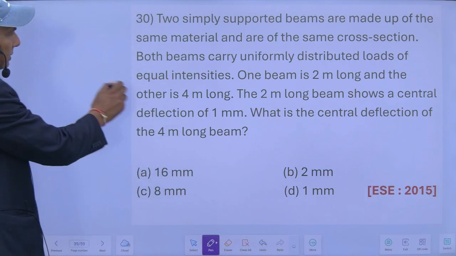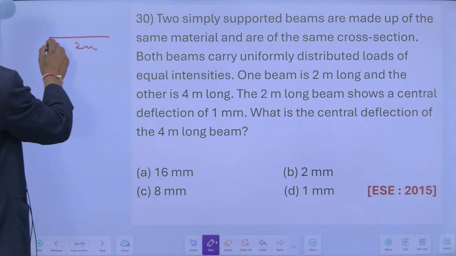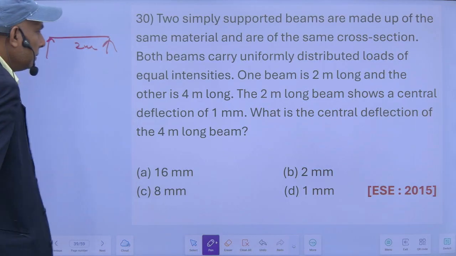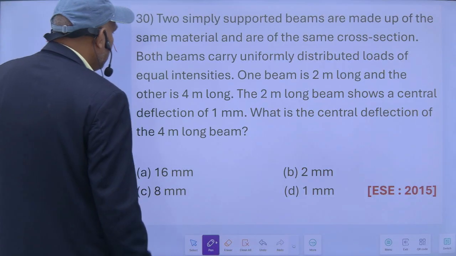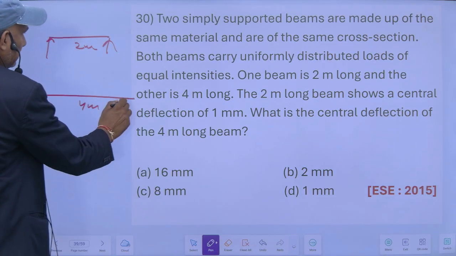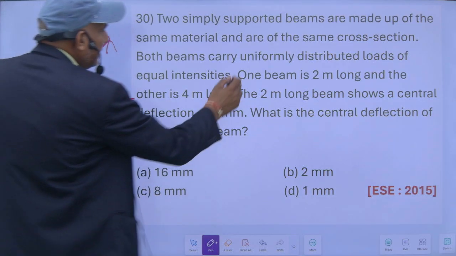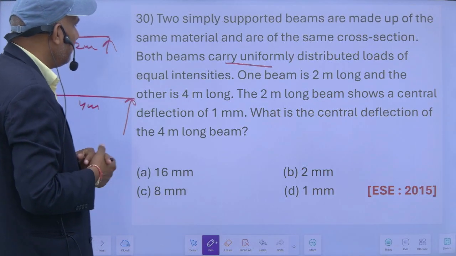There are two beams. One beam is 2 meter long and the other is 4 meter. Both beams carry uniform distributed load of equal intensity.